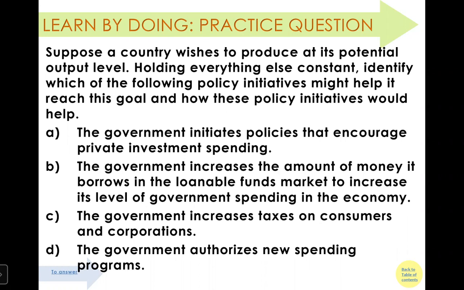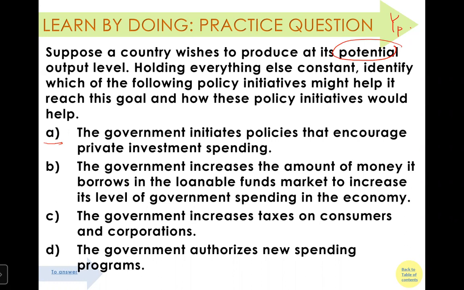All right. Suppose a country wishes to produce its potential output level. Okay, meaning we want to go to YP. All right. Now holding everything else constant, identify which of the following policy initiatives might help it reach the goal, and how these policy initiatives would help. Start with A.